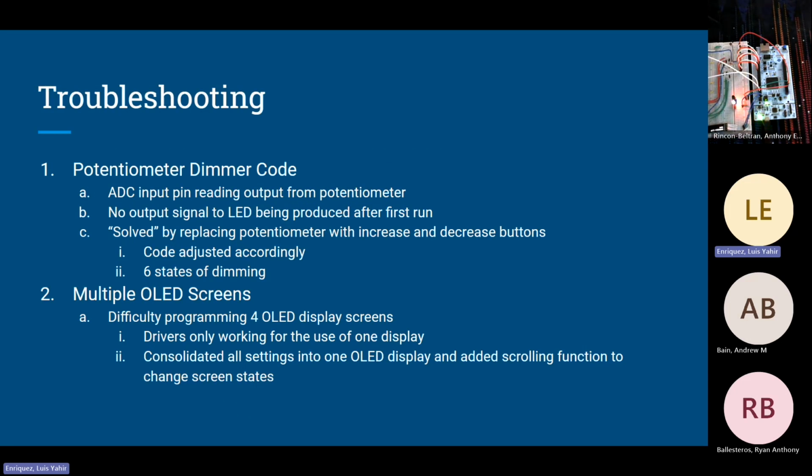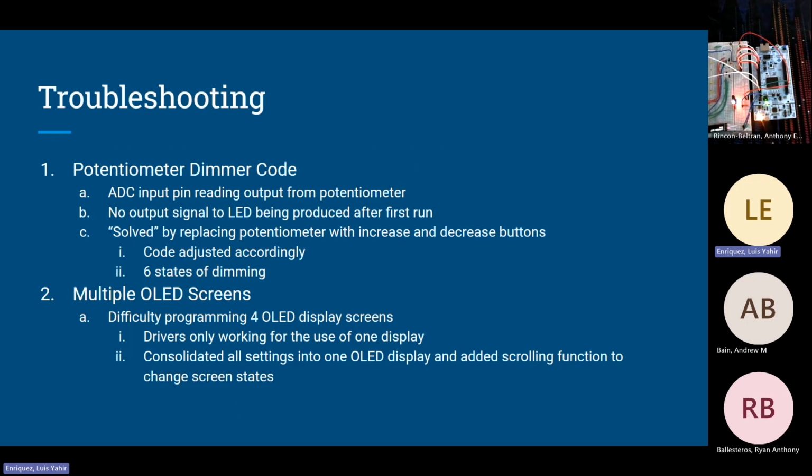One of the main issues we ran into while troubleshooting had to do with the potentiometer dimmer code. Originally, instead of dimming buttons, we were going to use a potentiometer with an ADC input pin, reading the output from the potentiometer connected to a voltage source.